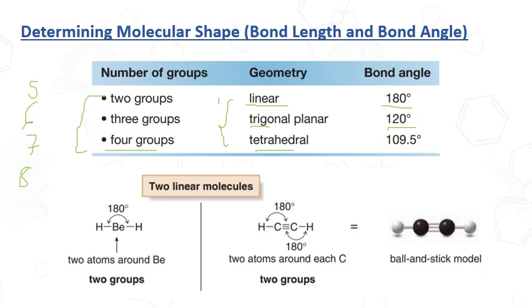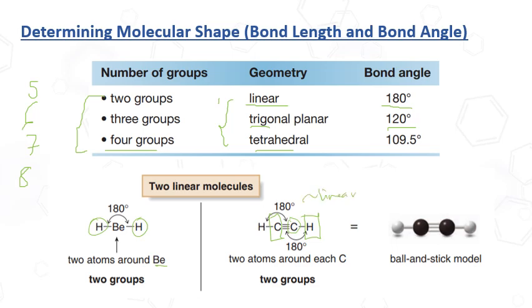Let's take a look at groups with linear geometry. That is a group with 2 groups bonded to your central atom. For example, beryllium dihydride. So you have Be surrounded by 2 atoms of hydrogen. So you have a linear molecule. In this case, you have carbon bonded to hydrogen and another carbon, so two groups. Then we call that also linear.